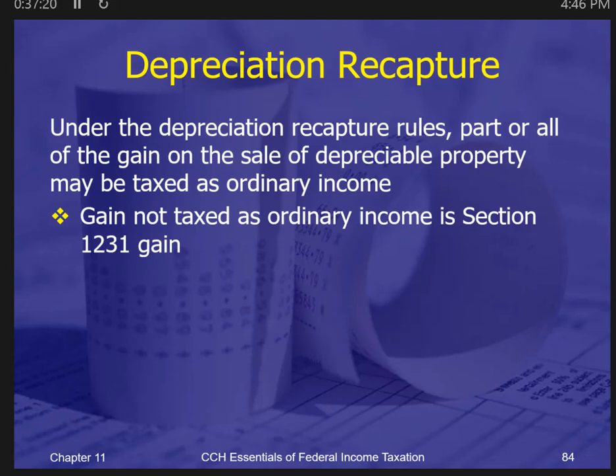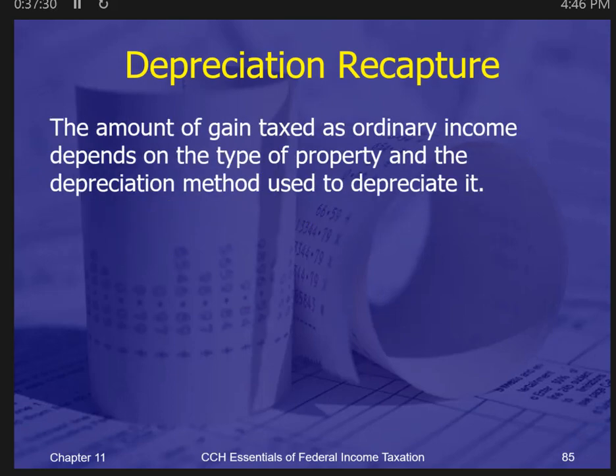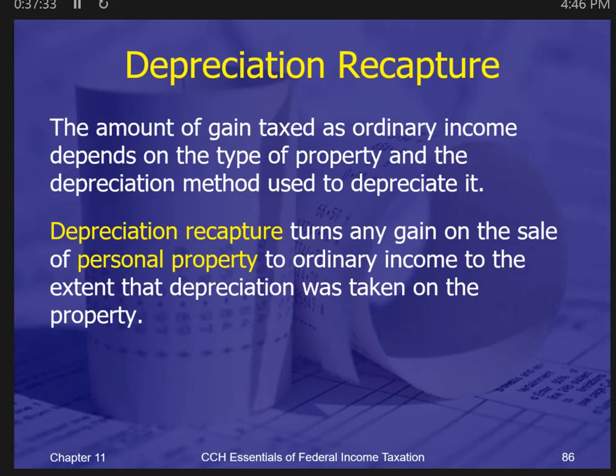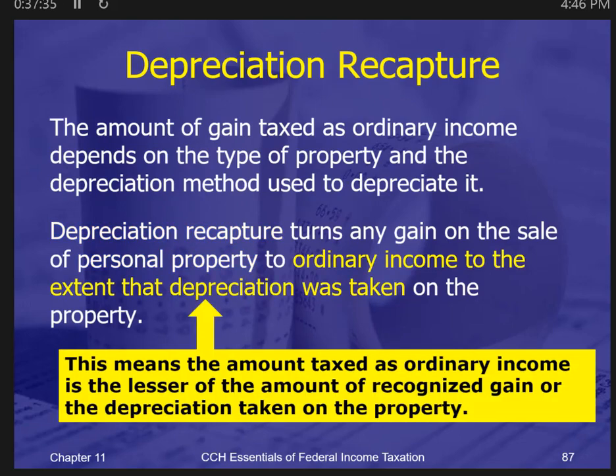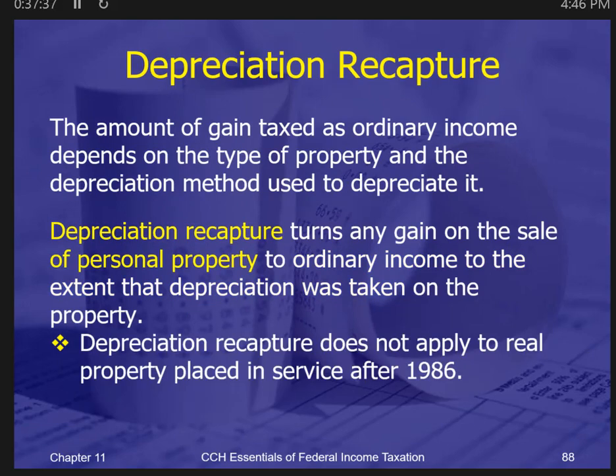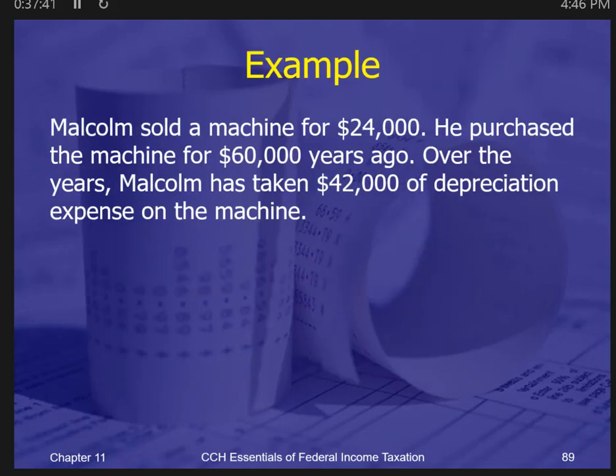So there goes a big benefit for Section 1231, because of the amount that you have to recapture for depreciation. So let's see how this would work out. Doesn't apply to real estate after 1986.